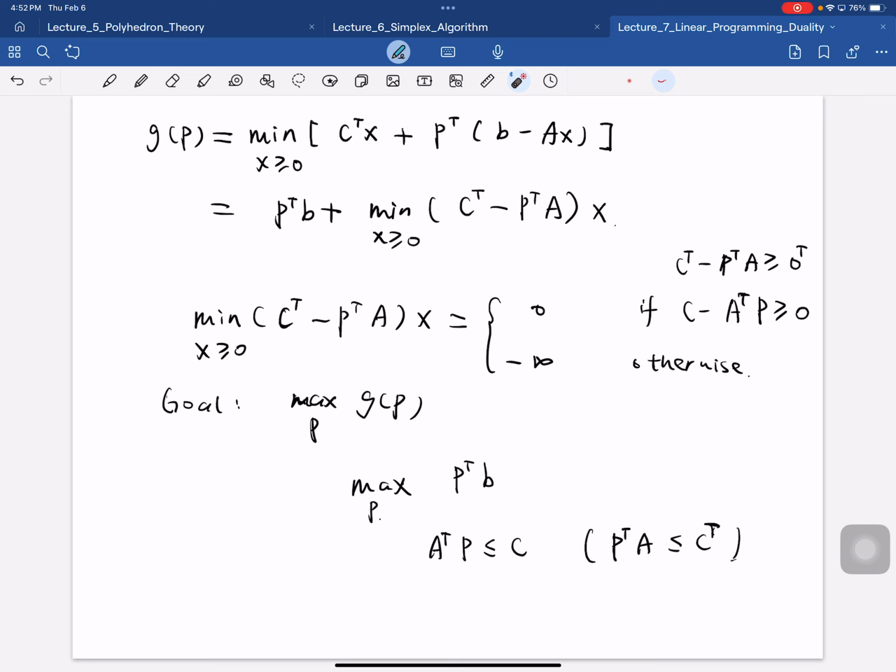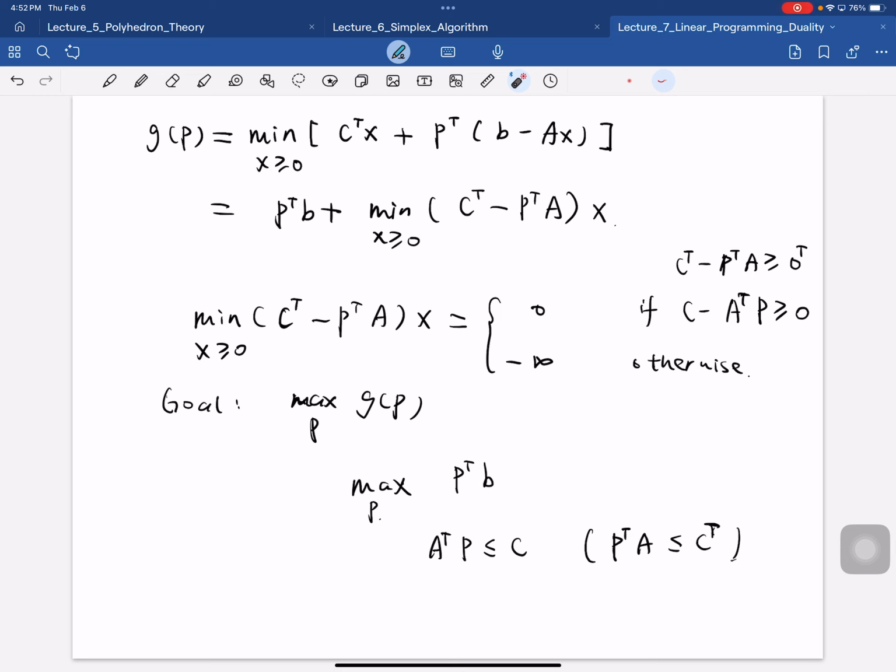And the number of constraints equals the number of variables in the primal. So remember C is the same dimension as X. So the number of constraints is the same dimension as the number of variables. Well, that's nice.